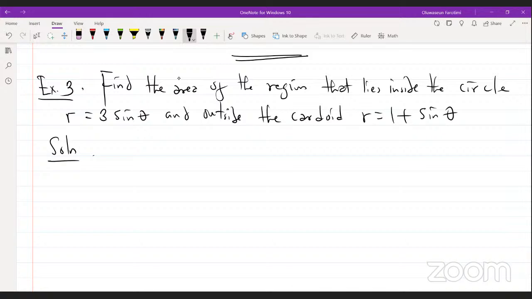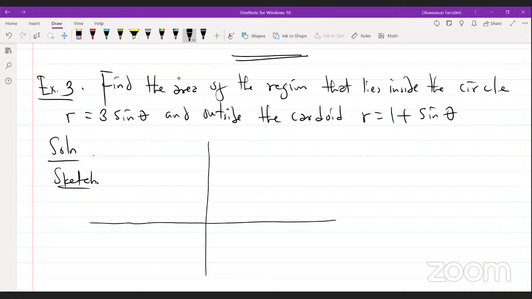So let me make my sketch. Keep in mind that this guy is a circle, so I do have something like this.